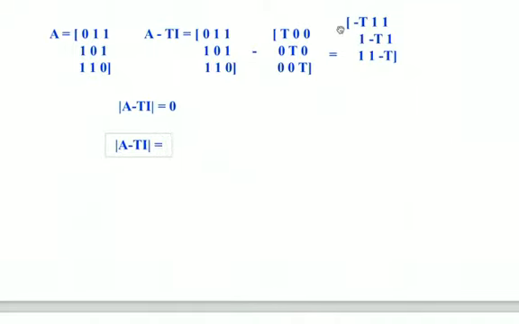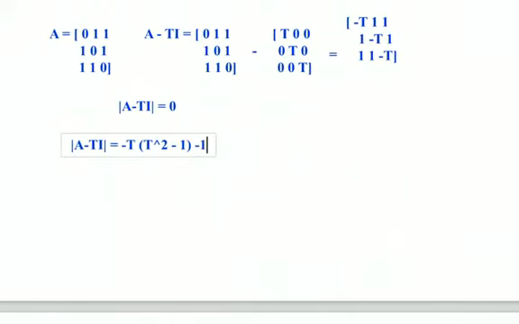Let's proceed from this row. The first one is minus lambda into, delete this row, this column, lambda square minus 1.